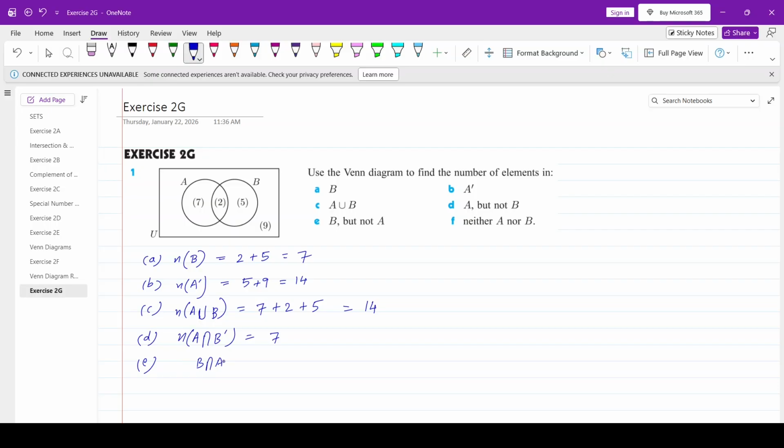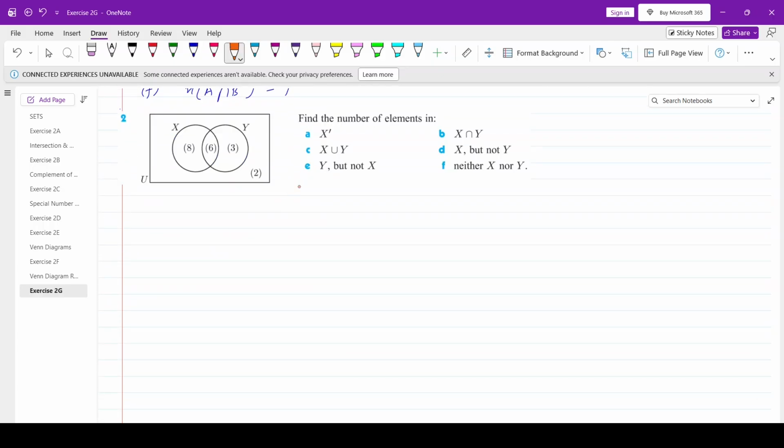The number of elements is 5. Neither A nor B. The number of elements in neither A nor B is this part. Let's move on to the next question.